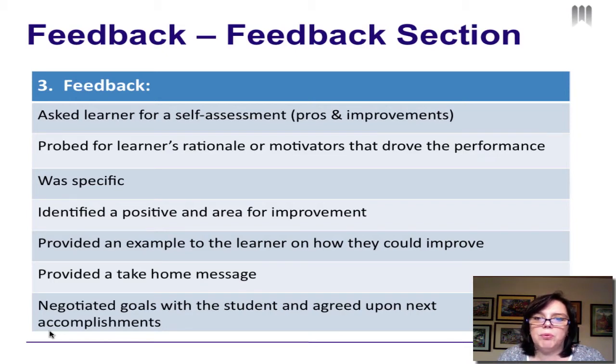This is really important, because if we don't ask the learner how they think they did, we're not going to get at the motivators or the drivers behind a specific observation or behavior that we saw. So going back to our example of the completeness and the accuracy, the student might have missed a couple of steps within the exam.